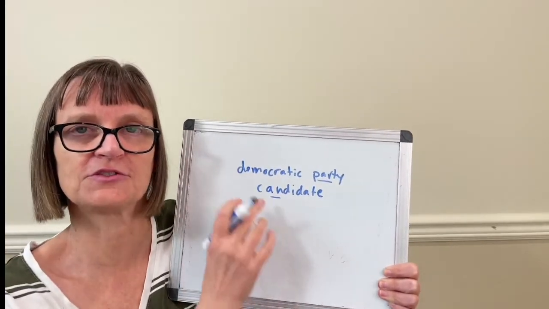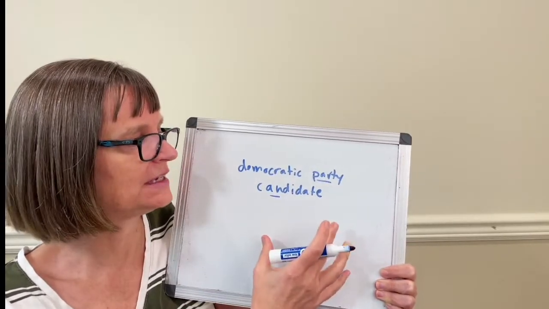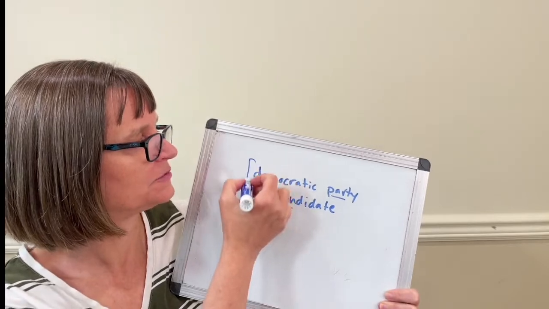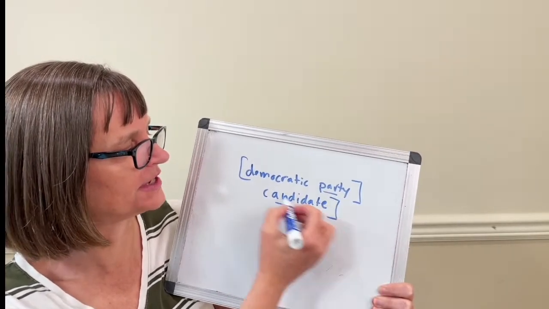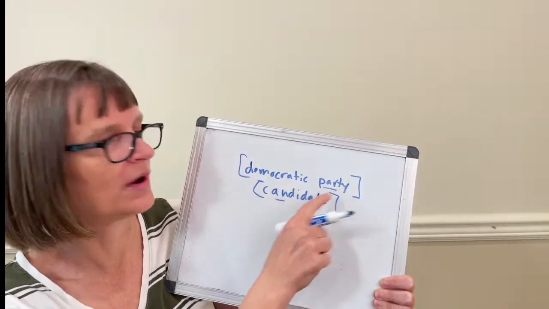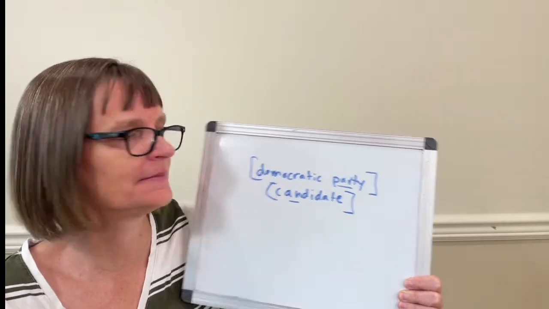So I think this is sort of like your version control system, where when there's three, this would function as a compound noun all together, where we're going to have some stress on party and on the final word candidate.